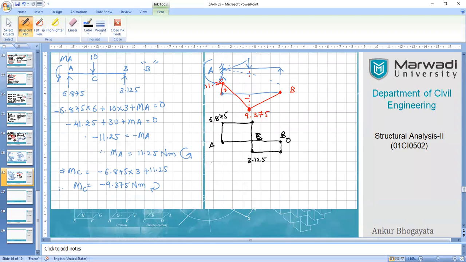So I hope you have understood how to solve prop cantilevers with the help of these things. What we used basically, we used the following things. We used free body diagram. I'm talking about the concepts. Second is definitely we used moment area method. For this solution, we also used method of superposition.